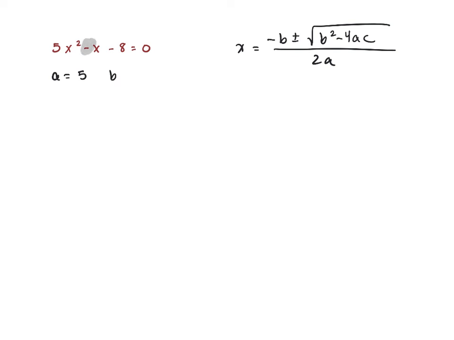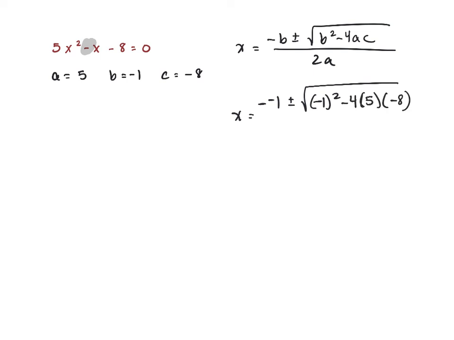That's a negative 1. And C, the negative 8. We'll do a little substitution. X equals negative of negative 1 plus or minus negative 1 squared minus 4 times A, which is 5, times C, which is negative 8, all over 2 times A.